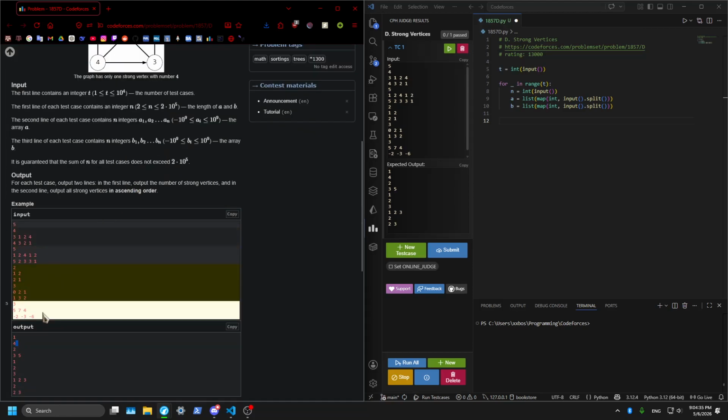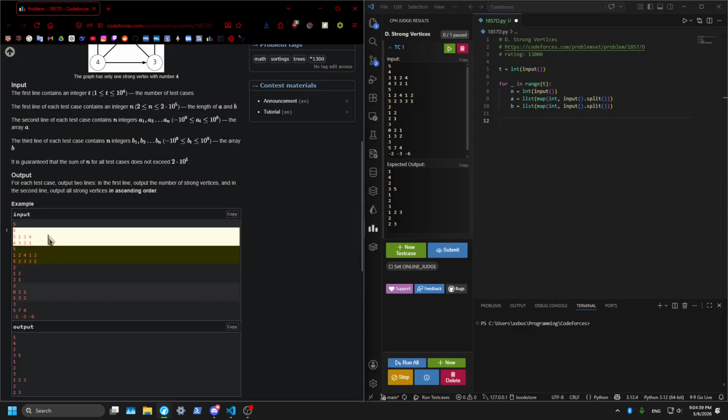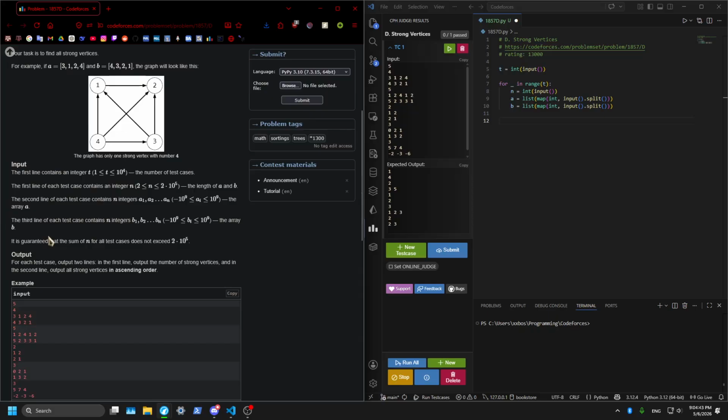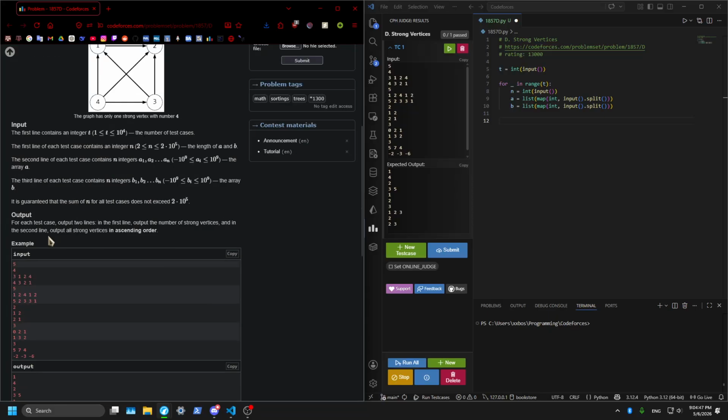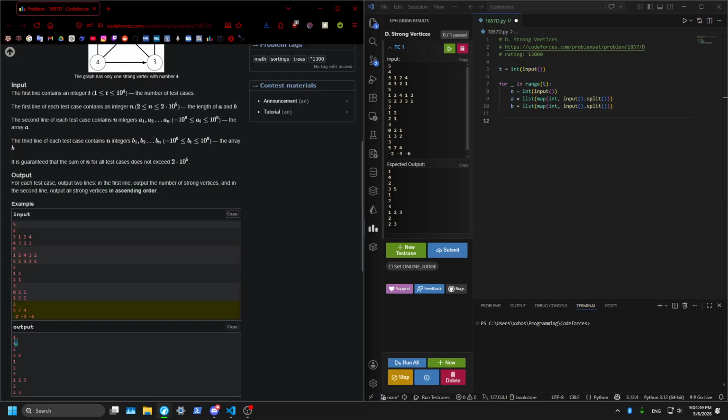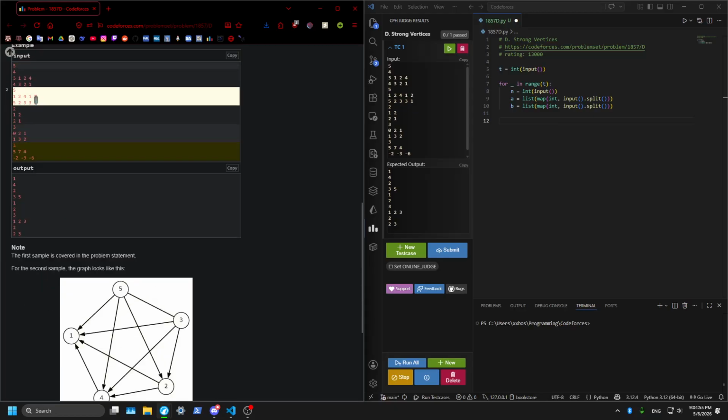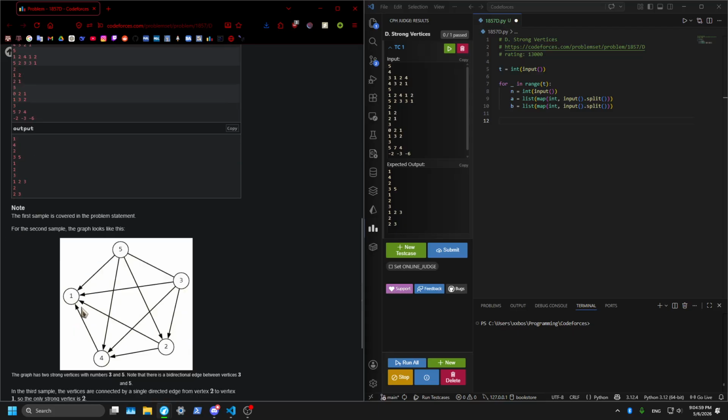Am I not looking at the right case? Oh, this is case 1, right? There's one strong vertice and it's just 4. And then this is the second case, right? I see. I understand. So the strong vertices in this case is just 1.